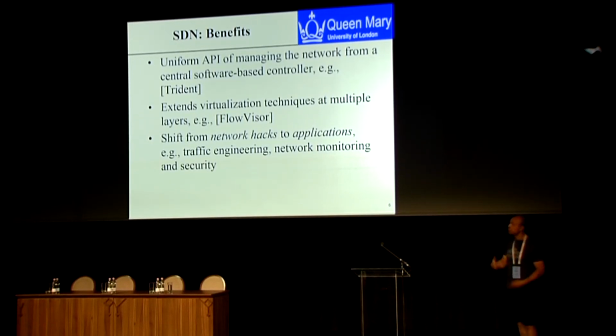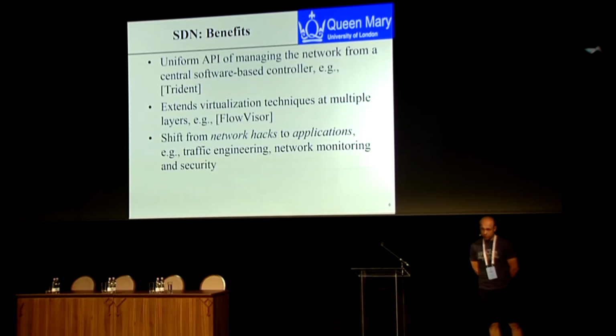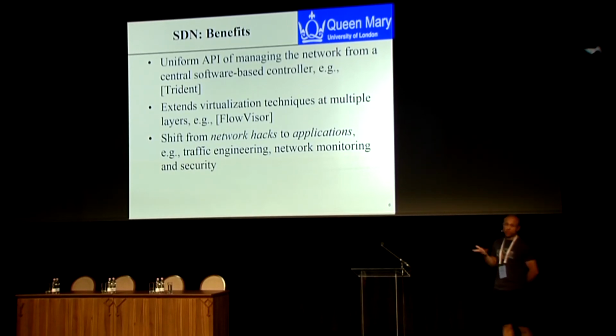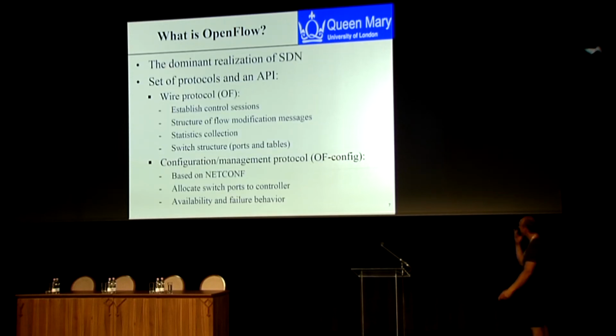So for example, to do traffic engineering, like the Google B4 work I already mentioned, network monitoring, or security, or whatever you want to do with the network. For thinking about the network and what to do in terms of changing the network, it's just a cleaner way. It's not better, it's cleaner, conceptually speaking, yeah?